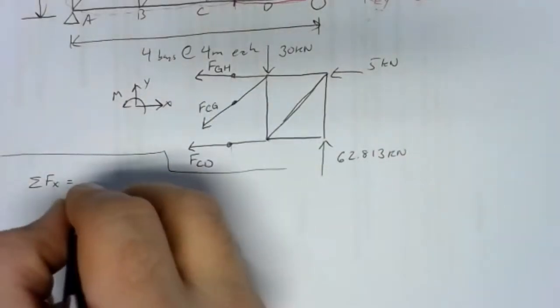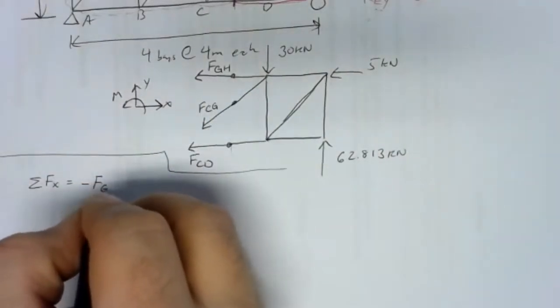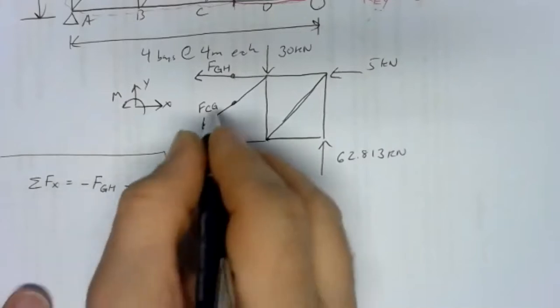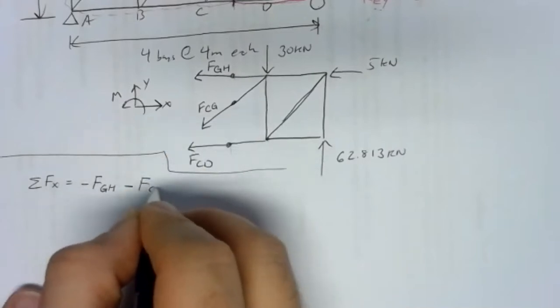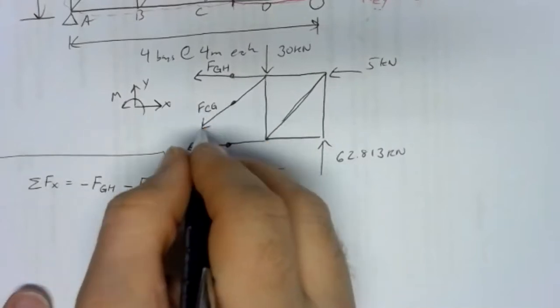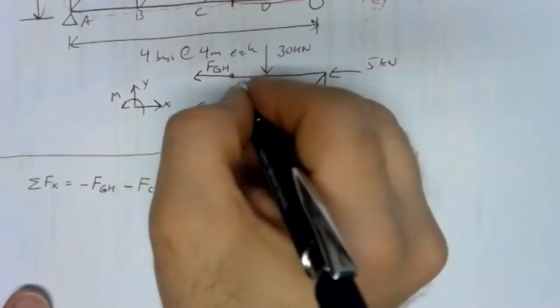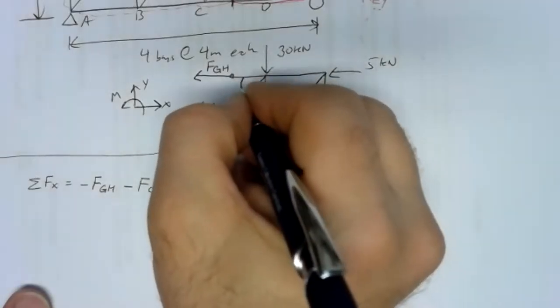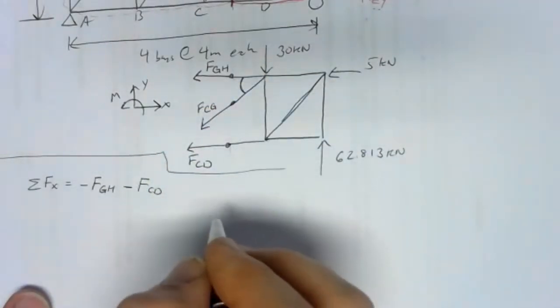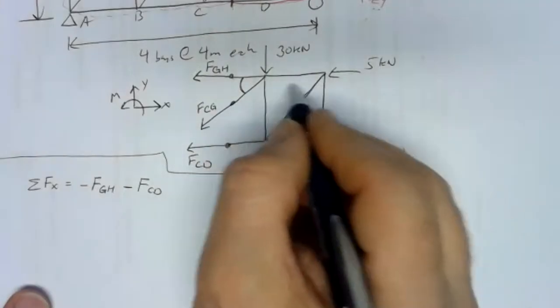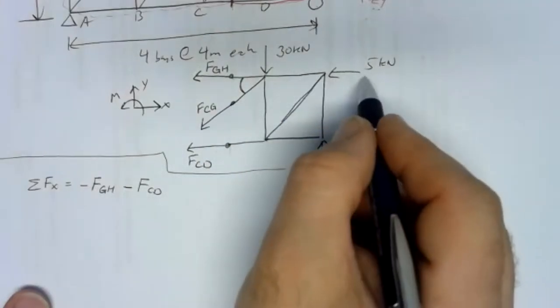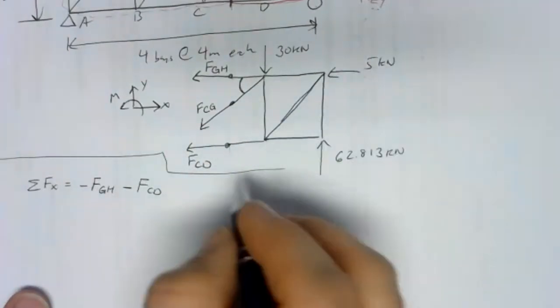We've got negative FGH. We've got negative FCD. We've got a piece of FCG. We're going to have to figure out that angle. We'd have this, and we'd have the 5 kilonewtons also to the left.